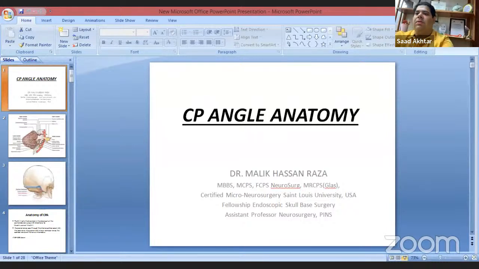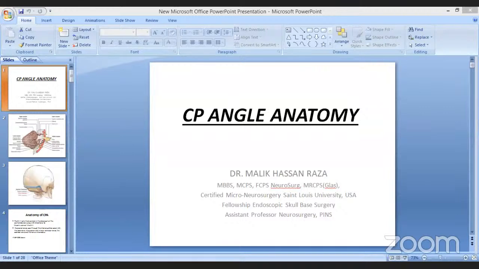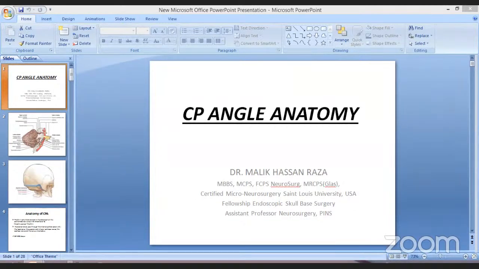So I will be touching just a few clinical applications of this topic, and then showing you a few cases. As already described, 3 complexes of the CP angle. These are very important because all these 3 have their own part of the cerebellum, peduncle, tentorial surface, arteries, and all cranial nerves.